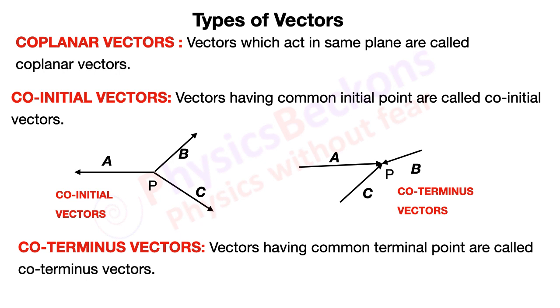A practical example: supposing there are two persons hitting the same nail with hammers, then the two forces will be coterminous forces or coterminous vectors, because the terminus point is the nail. They will almost be coterminous because the force may move the nail slightly.